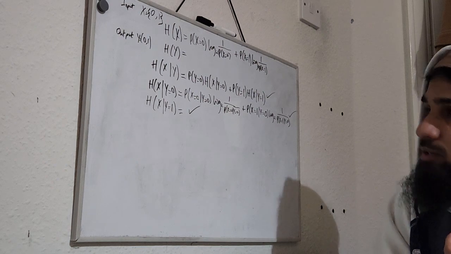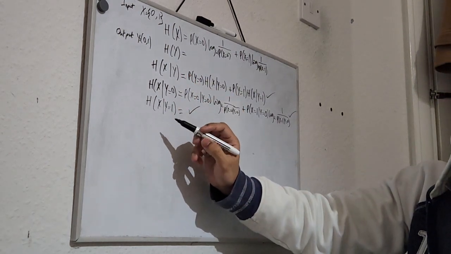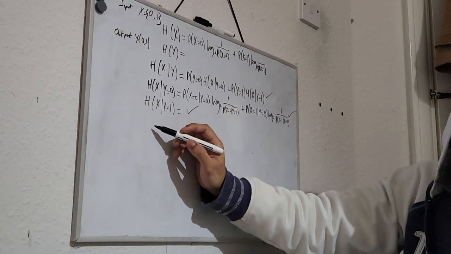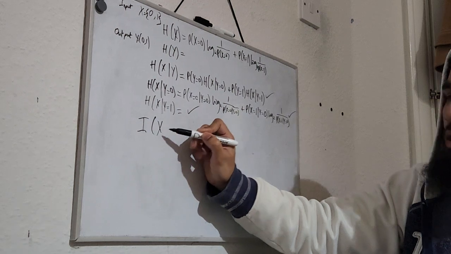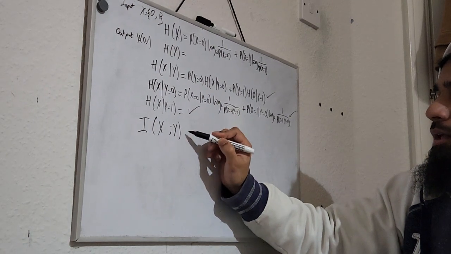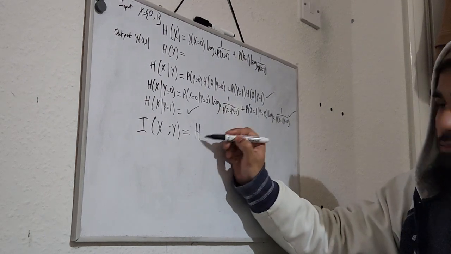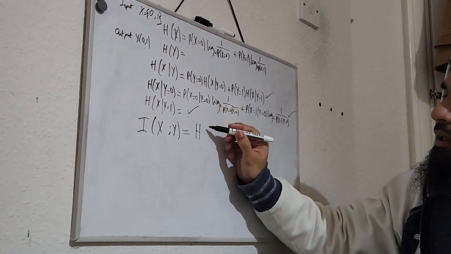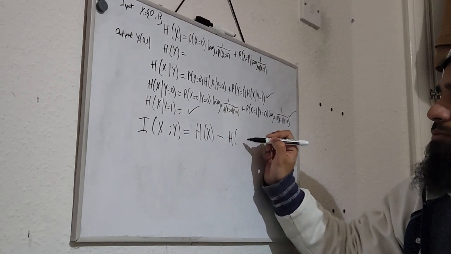So why is this important? Well, you can work out the mutual information between x and y. So mutual information, we write it like this: I(X;Y), and that is equal to H of x minus what we just worked out before.